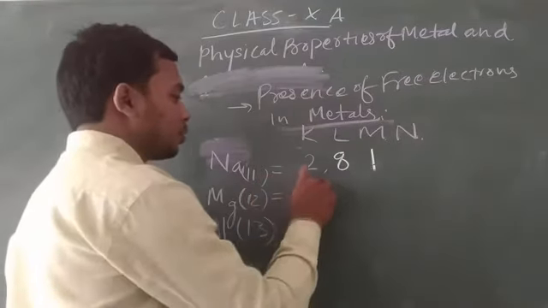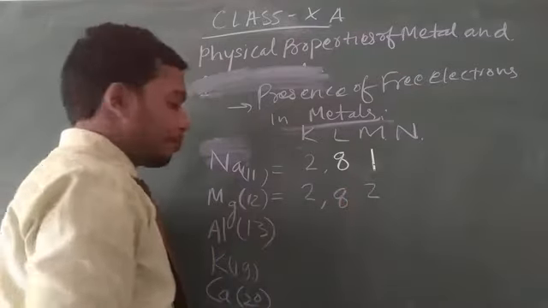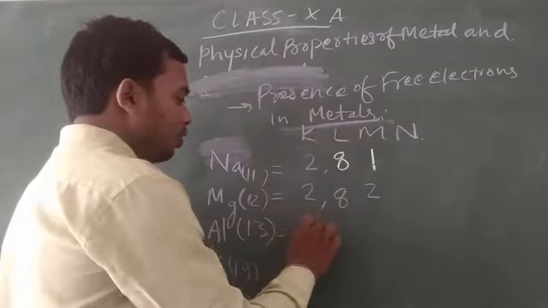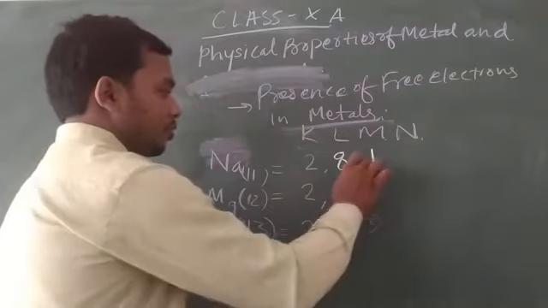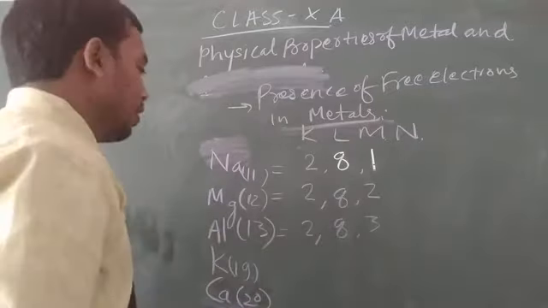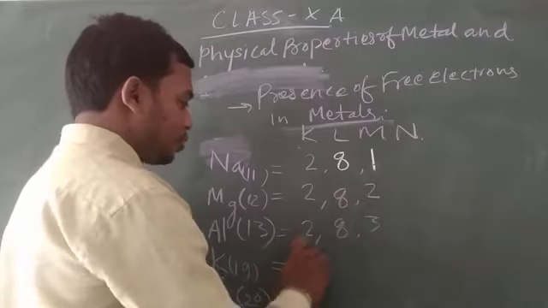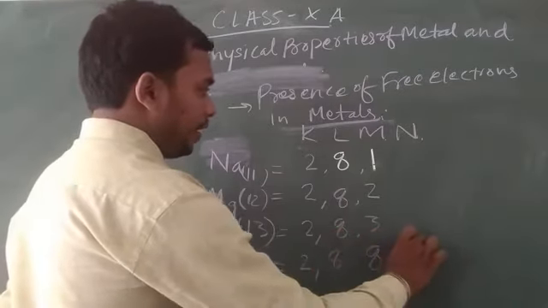Next, magnesium is 2, 8 and 2, because it is 12. Aluminium is 2, 8 and 3, that is 13. Potassium is 2, 8, 8 and 1.